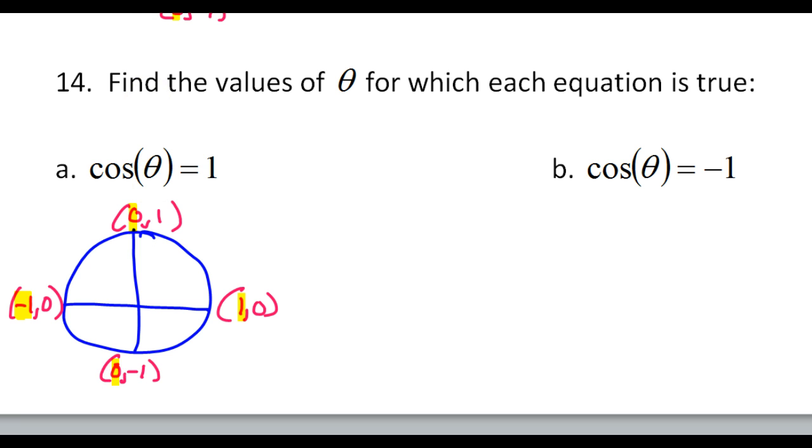So they're saying, which angle is going to give me a cosine of 1? Well, there's 1 right there. So it's got to be this. You could either call this 0 or you could call it 2 pi.